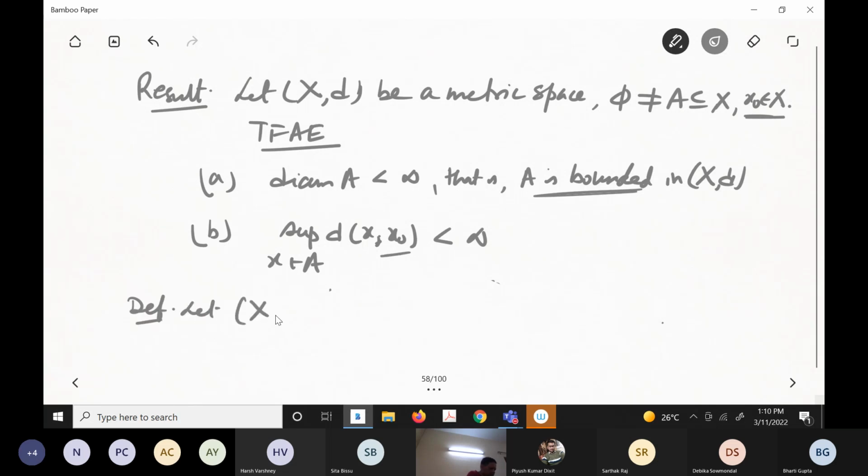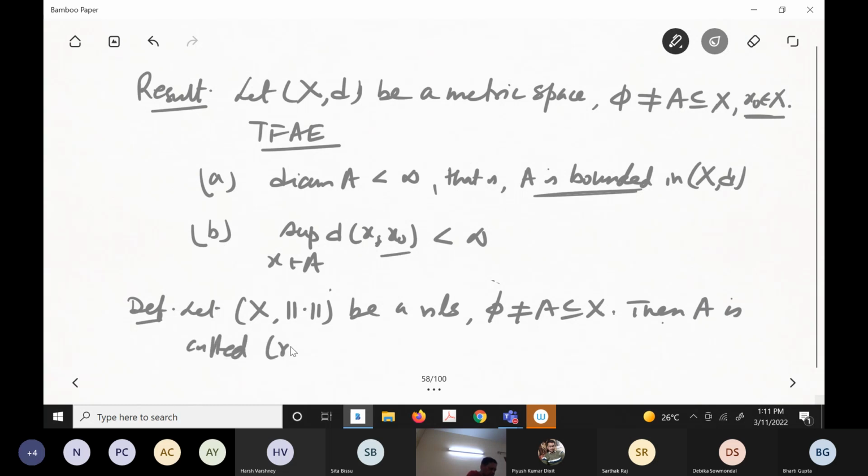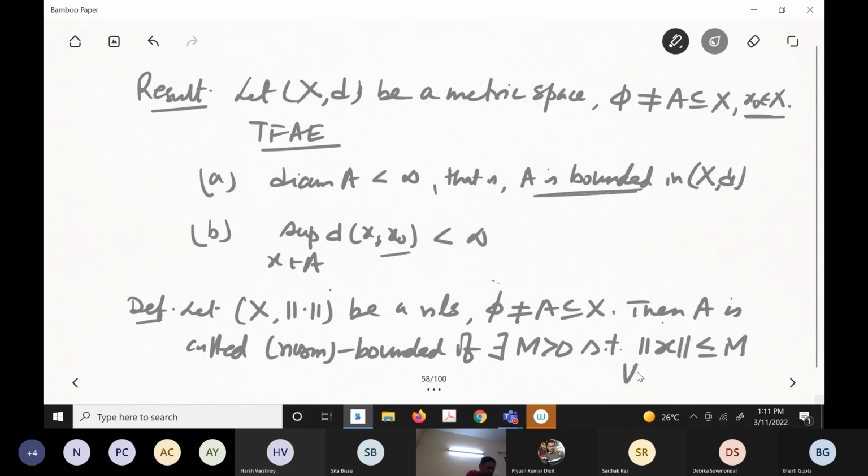So the definition: let X be a nonlinear space, then you say that A is called norm-bounded or non-bounded if there exists M greater than 0 such that the norm of x is at most M for all x belongs to A. Because of this result, norm-bounded will be the same as bounded in the corresponding metric space.